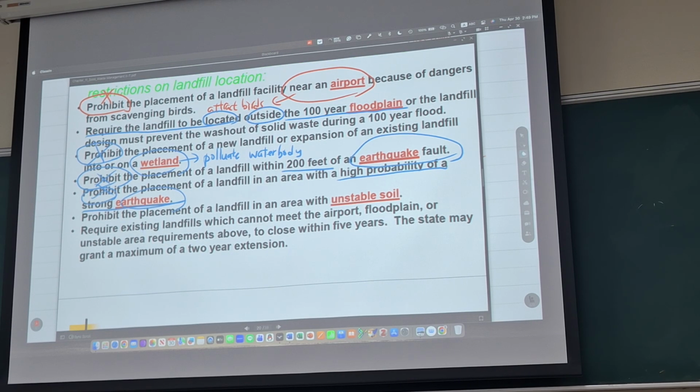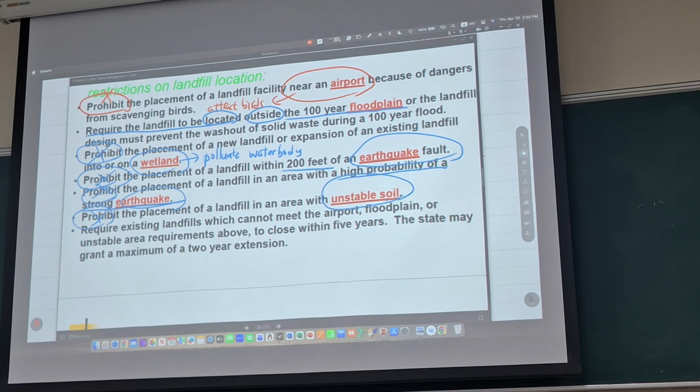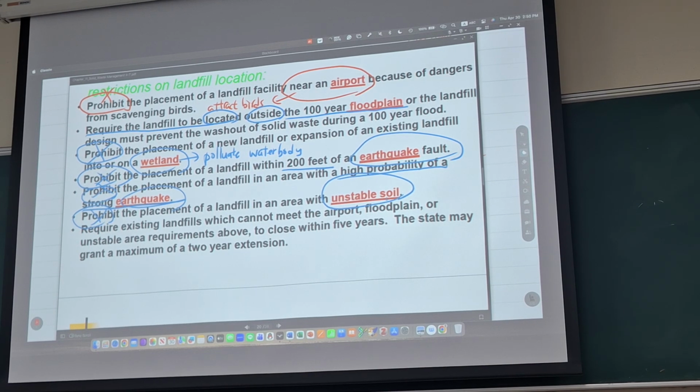And prohibit placing the landfill in an area with unstable soil. What does unstable soil mean?